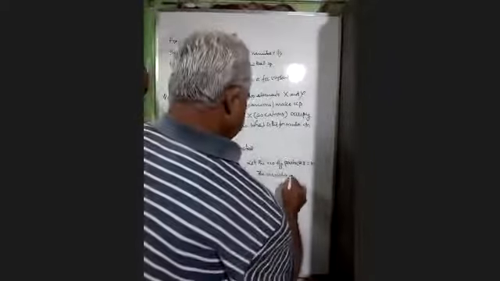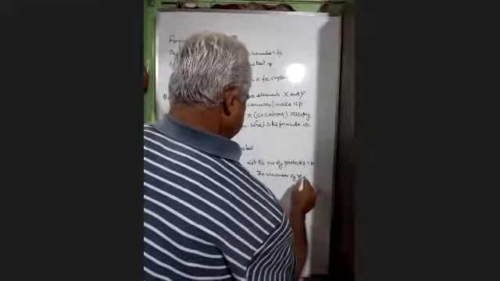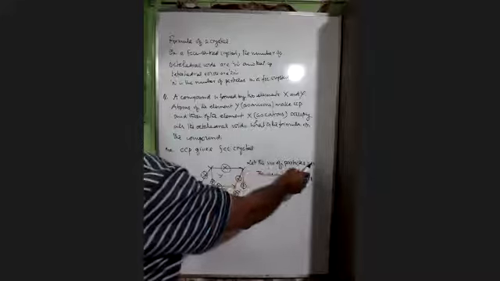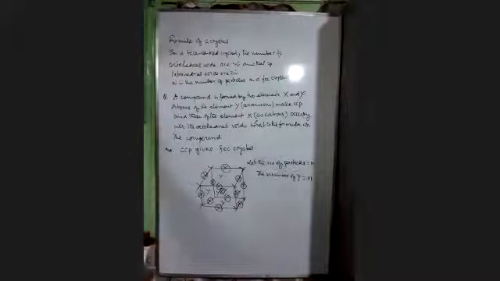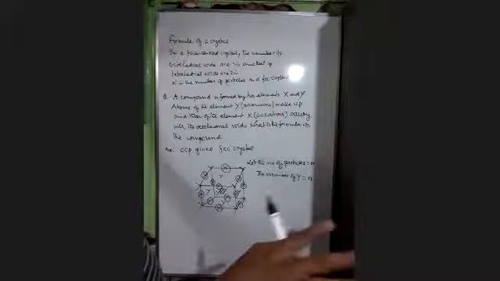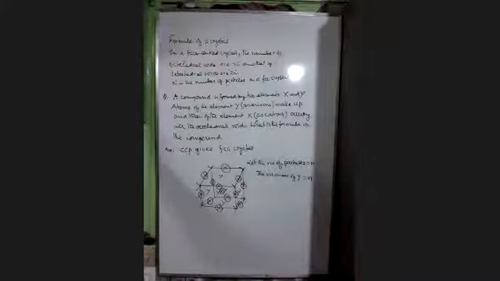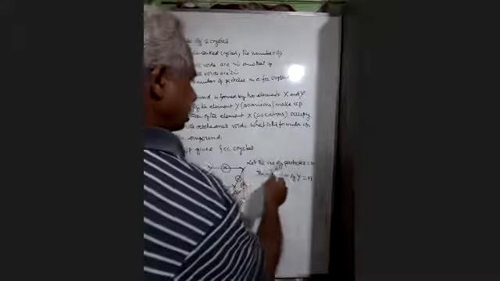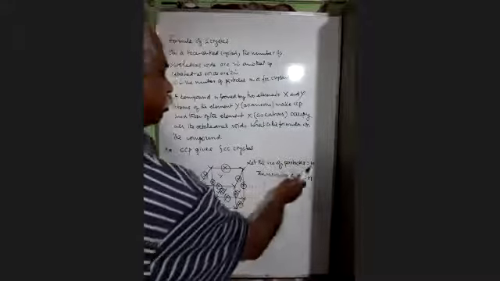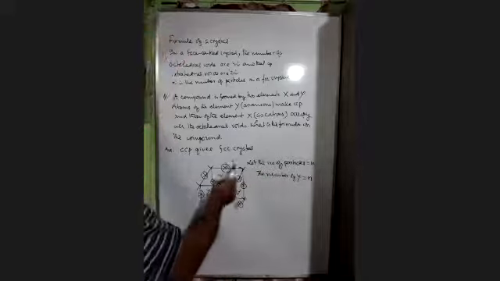Therefore, the number of Y is equal to n, because these are the particles which have formed the crystal. Who has formed the crystal? Y. Once Y has formed, only then do they create the voids.